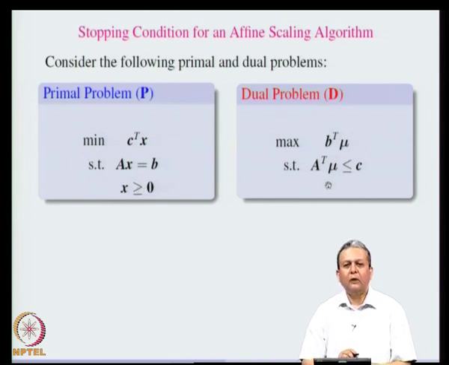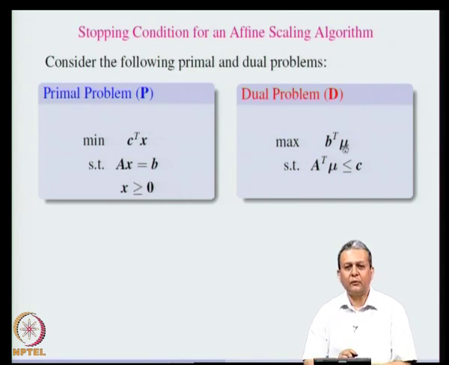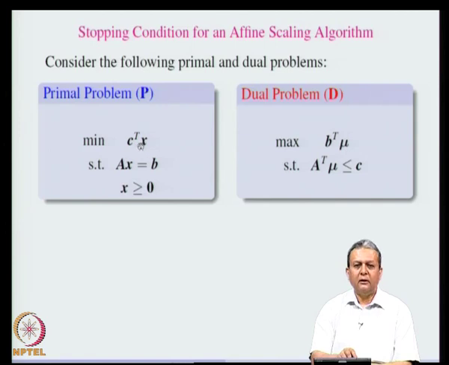Now, we have seen that because of weak duality, if x is primal feasible and mu is dual feasible, C transpose x is greater than or equal to B transpose mu. So, given x and mu which are primal and dual feasible, we know that the primal objective function value is at least the dual objective function value, and moreover at optimality there exist x and mu such that C transpose x is equal to B transpose mu.